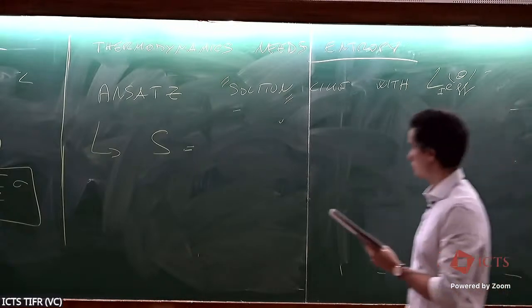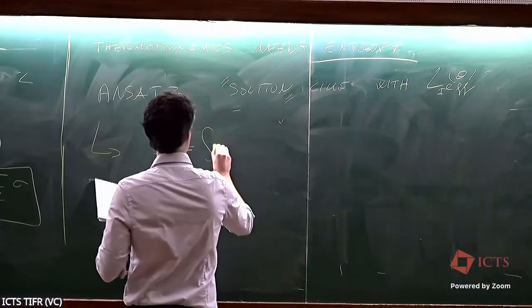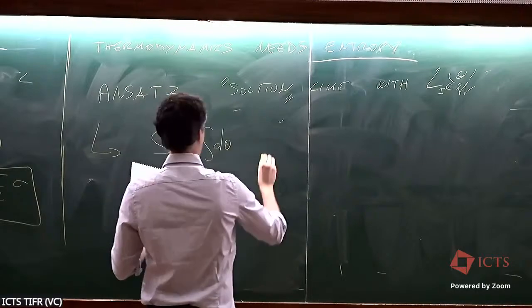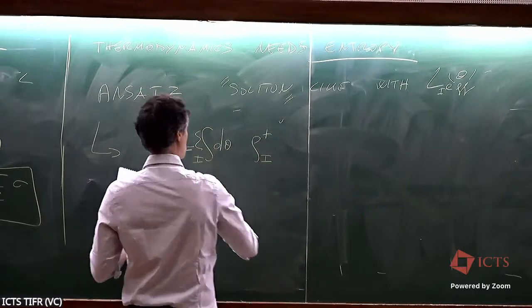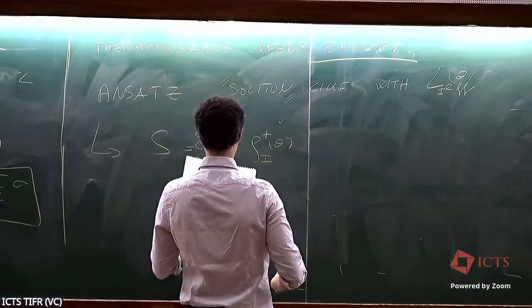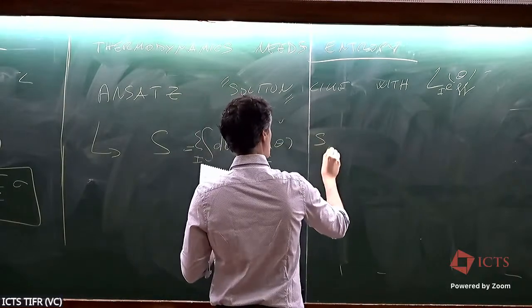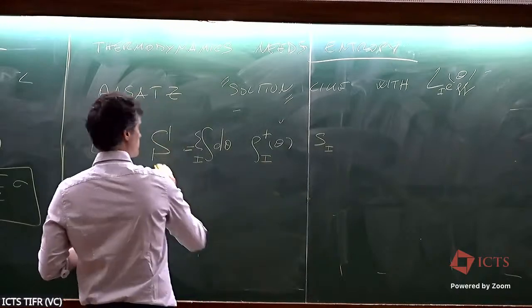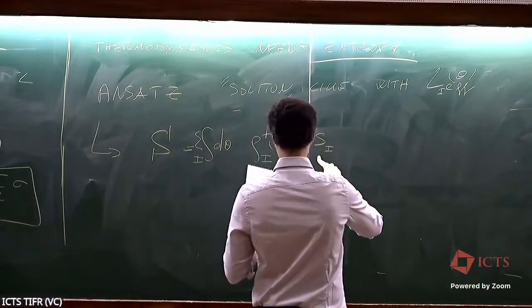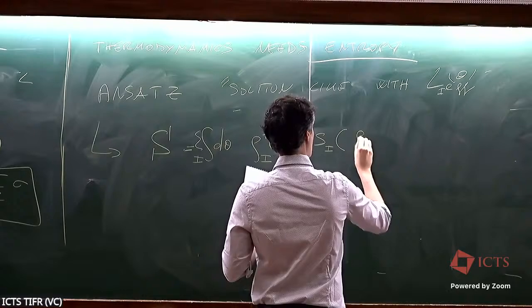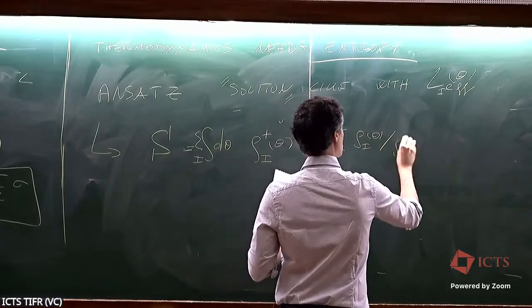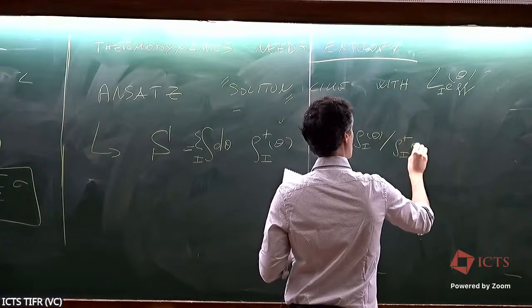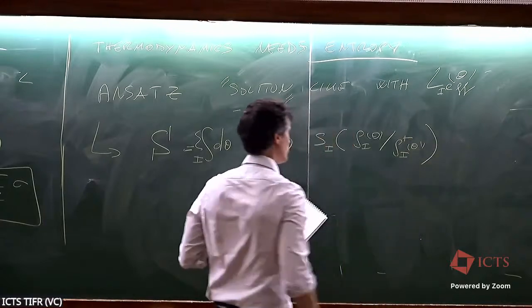If you do so, in general, you expect you can write the entropy like this, as a sum of the modes. Let me use this one to be the capital, and this is the contribution of each mode, that depends on the ratio between these two guys, okay?